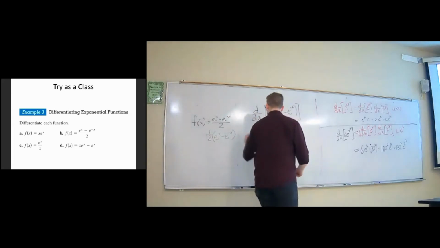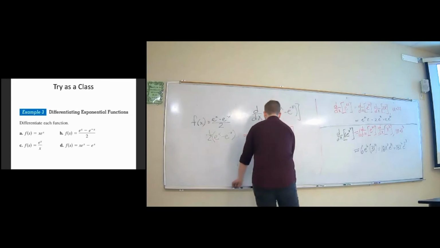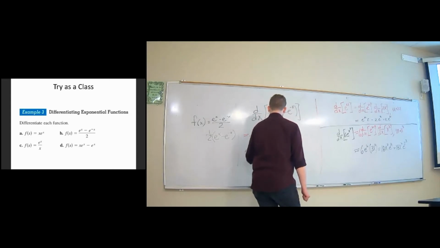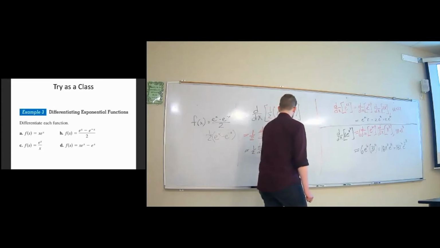So this is equal then to 1/2 the derivative of e to the x minus 1/2 the derivative of e to the negative x.